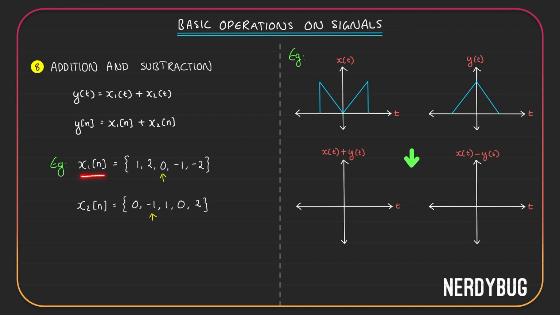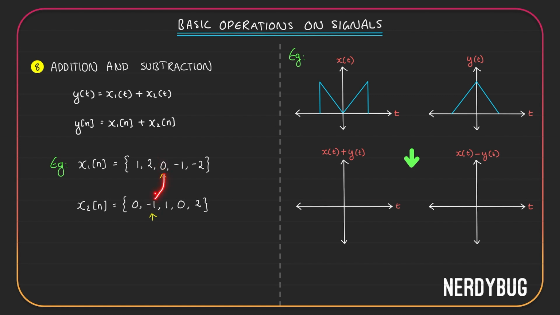For example, let's take x1 of n is 1, 2, 0, -1 and -2, 0 being the middle term. X2 of n is 0, -1, 1, 0, 2, -1 being the middle term. And we're going to add them. Now, one important thing that you have to make sure is that you're adding the corresponding term, which means here 0 is the middle term, here -1 is the middle term.